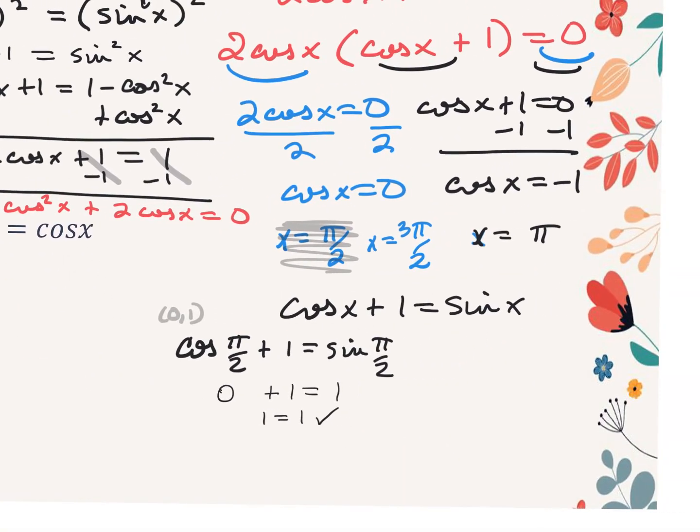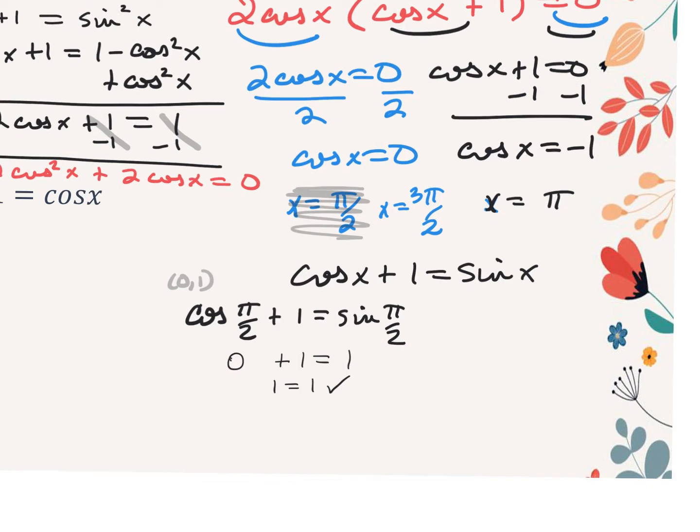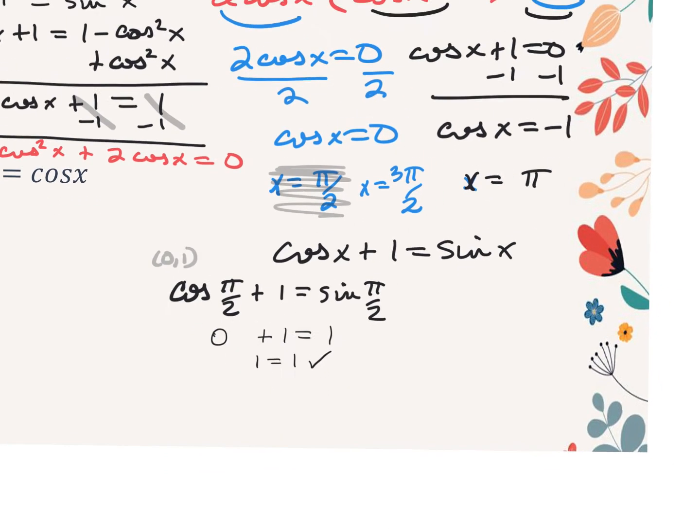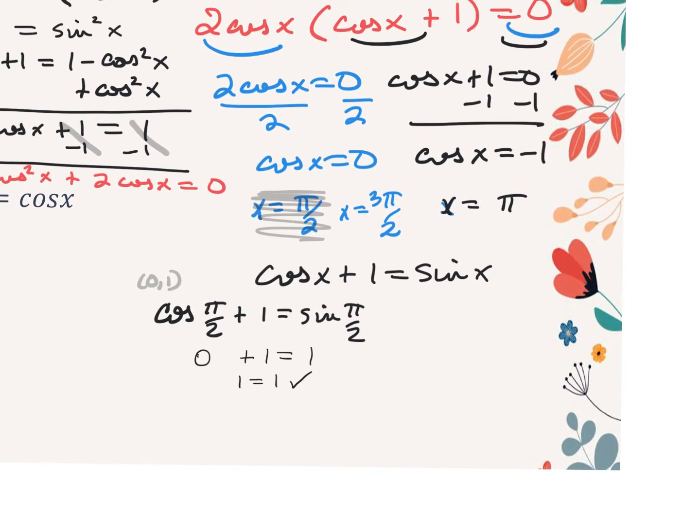Now I'm going to check. So this one was good. Now I have to do the check for 3 pi over 2. So now I'm going to use the same equation. Cosine 3 pi over 2 plus 1 equals sine 3 pi over 2. The ordered pair for 3 pi over 2 is 0, -1.